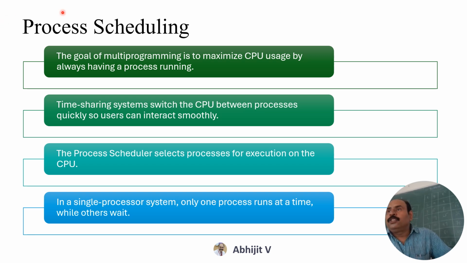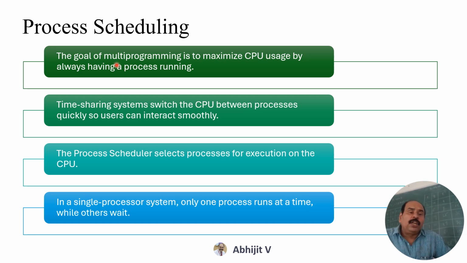So what are the jobs that it has to do while scheduling? It has to make sure that the CPU time is optimized in such a way that it is used continuously. There is no wastage of resources and time. Okay, so that is the objective of multi-programming, because we will have multiple programs operating at the same time.